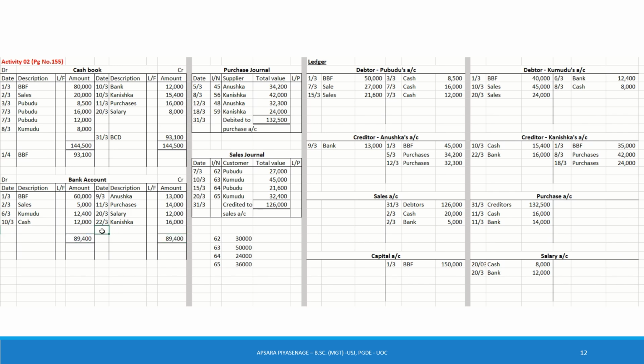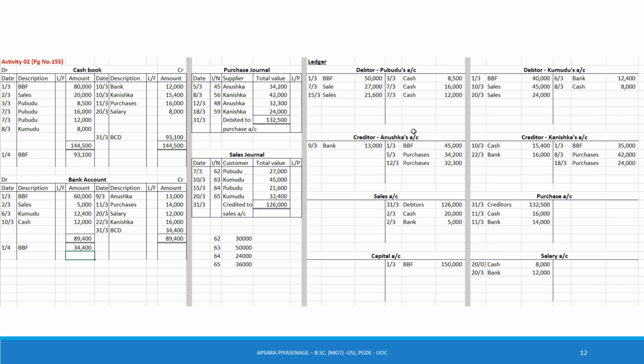Then balance carried down is 89,400 minus the addition of the above credit entries, 34,400. 1st of April, 34,400.